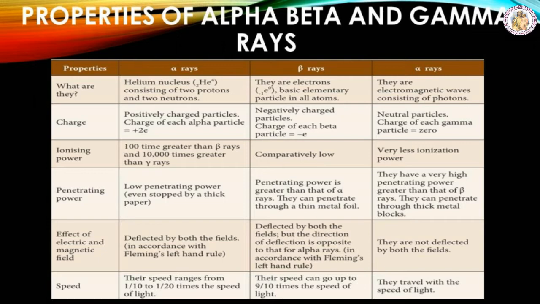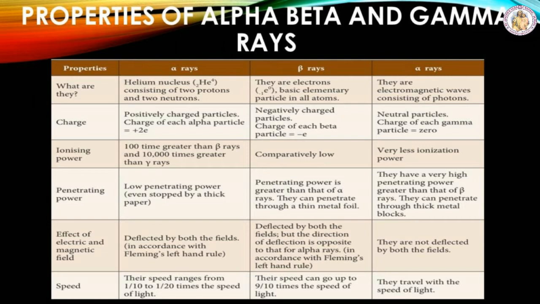The charge of each beta particle is equal to minus e. Already we saw that the electron is negatively charged, so minus e. Gamma rays are neutral particles, chargeless. So the charge of each gamma particle is 0.